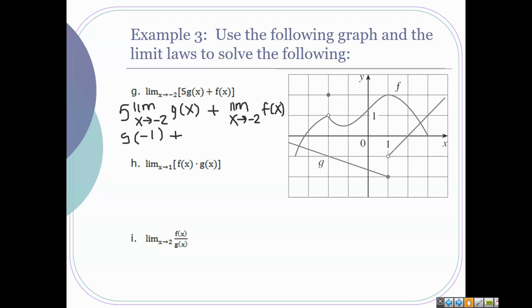We already discovered the limit as x approaches -2 of f of x in example C, which we said is 1. So 5 times -1 is -5. -5 plus 1 is -4.